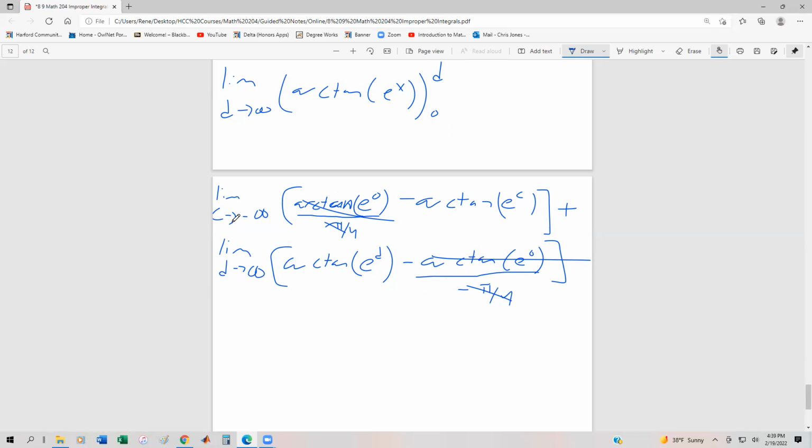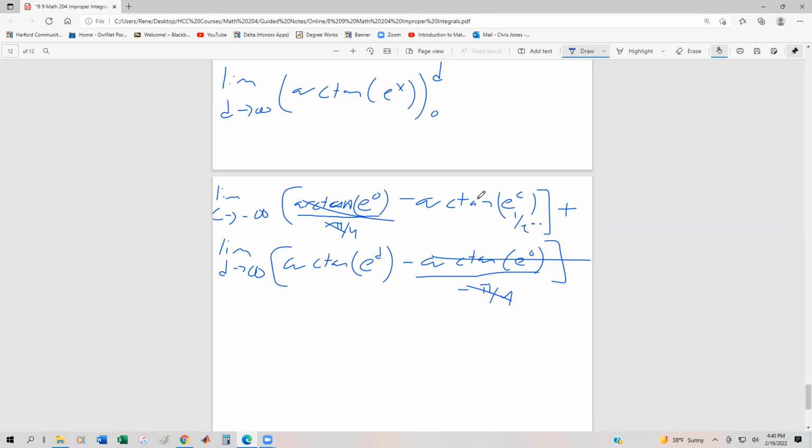If we take the limit as c approaches negative infinity of arctan, and so this is really going to be e to the c. And remember, this is negative infinity. So if we substitute negative infinity back in here, this is actually going to become 1 over e to the infinity, which is going to be arctan of 0.